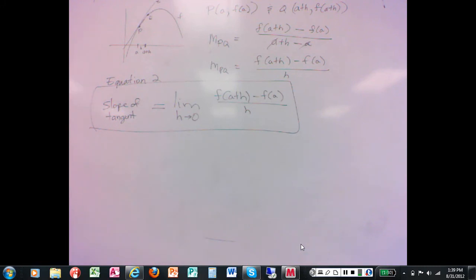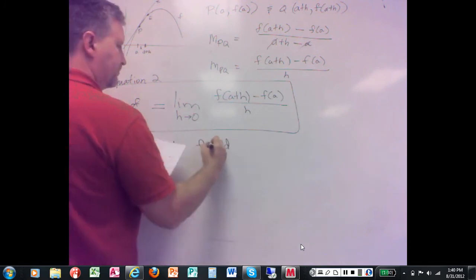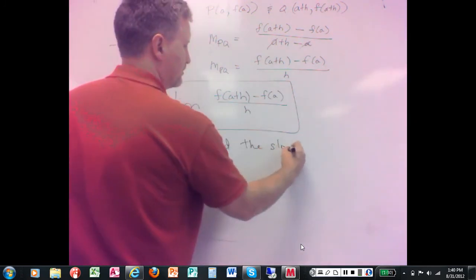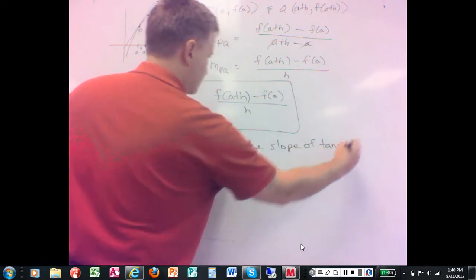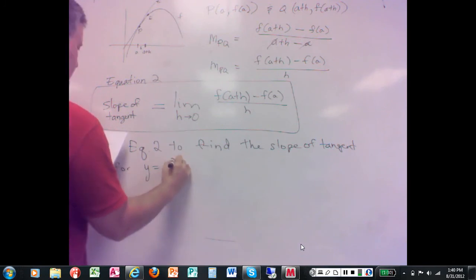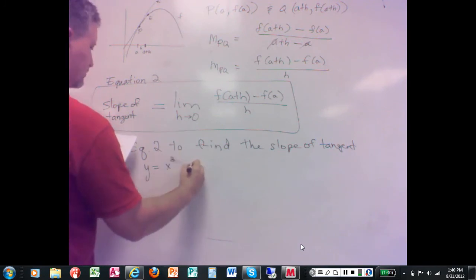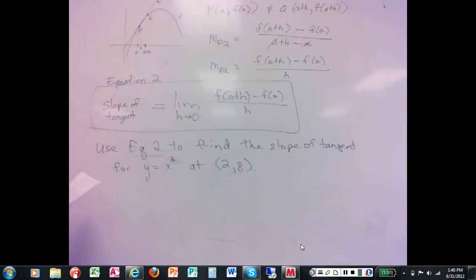All right, so let's use that to find, use equation 2 to find the slope of the tangent line for y equals x cubed at (2, 8), using equation 2.